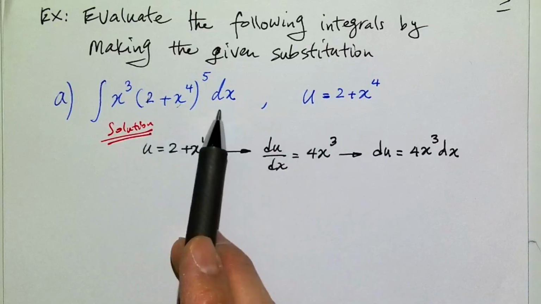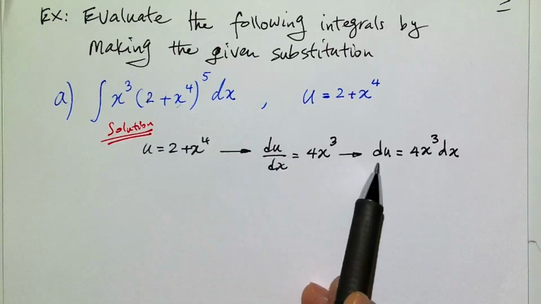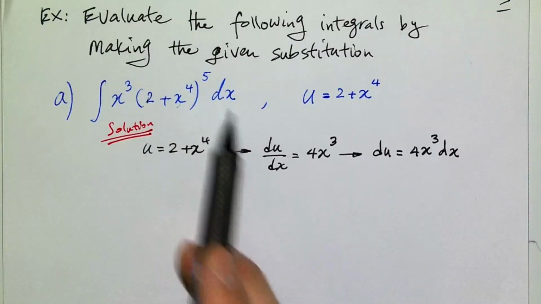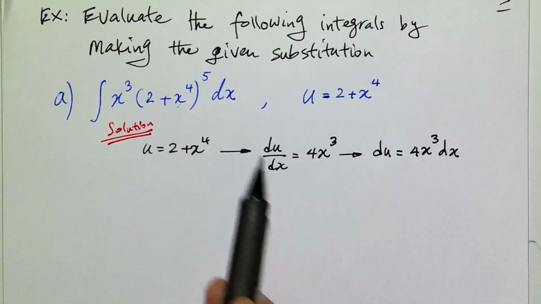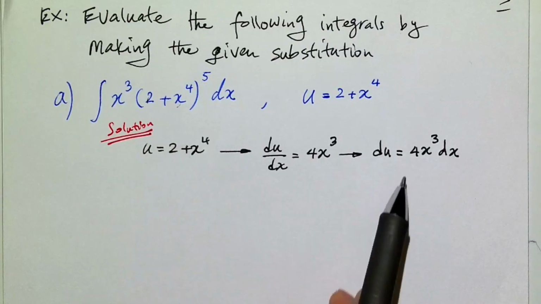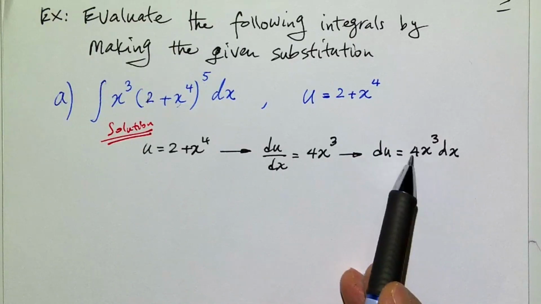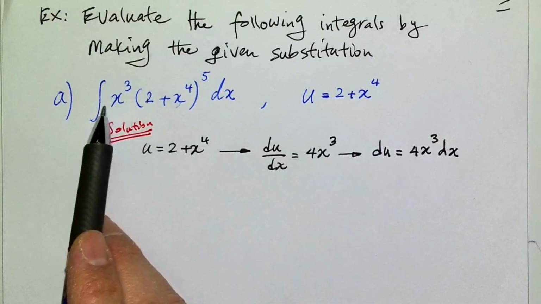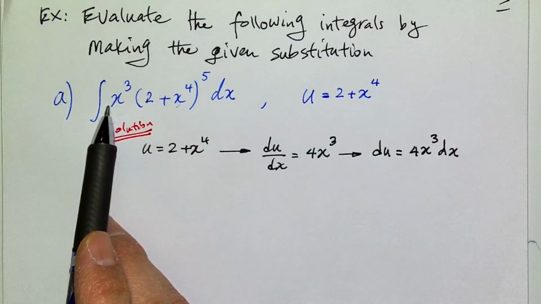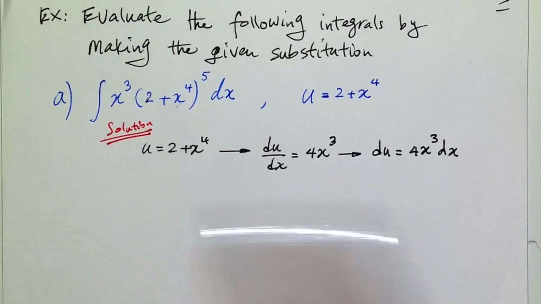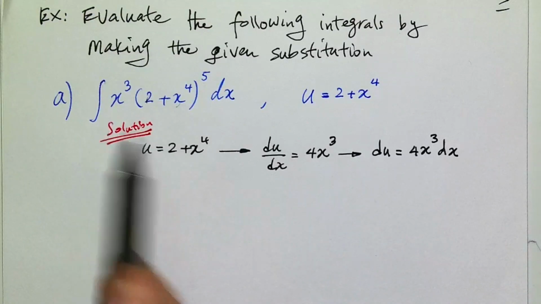Because you can't make the substitution for dx with du right away. I hope you can see why not. Because if you substitute for dx with du, which is this expression, then you have a 4 on the other side that is extra, that you don't have in the original expression. You need to get rid of this 4. How do we do that? By multiplying both sides by 1/4.